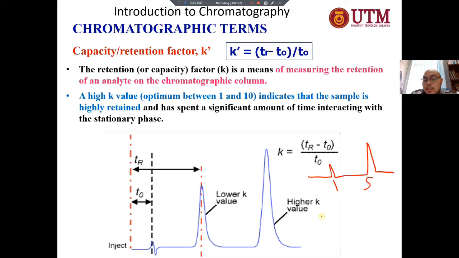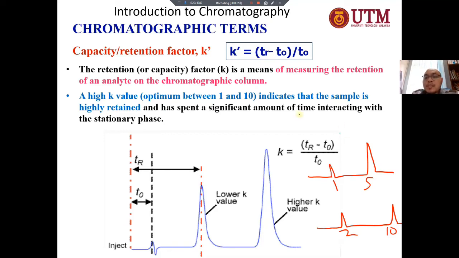Meanwhile, at Firas's lab in Iraq, they get a peak like this. It would be different compared to my chromatogram. Even though the setup is the same, they get a different retention time. So we need to calculate the retention factor to confirm whether it is similar or not.